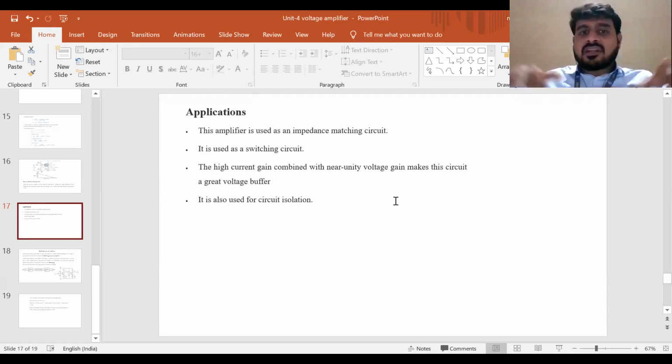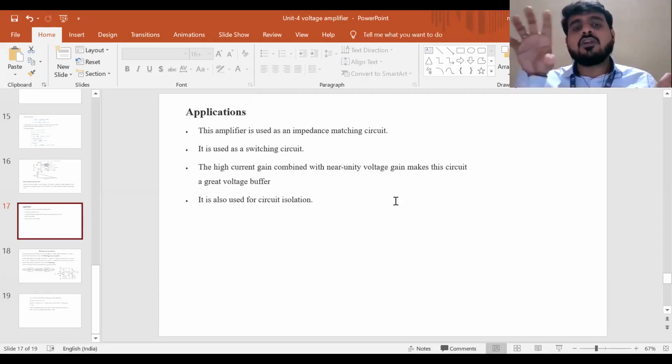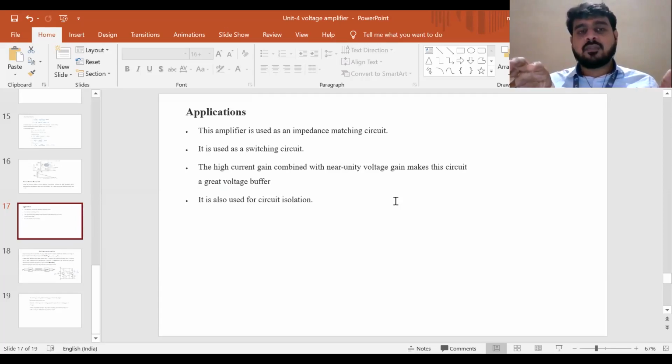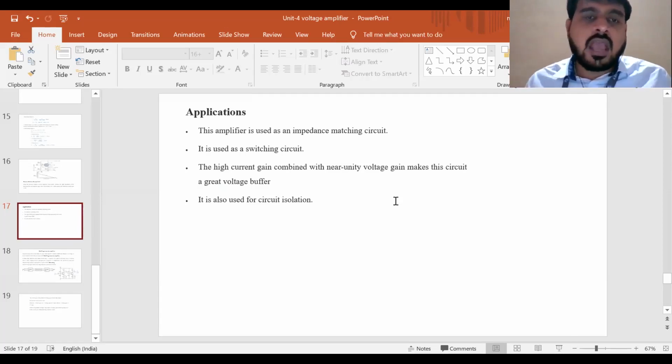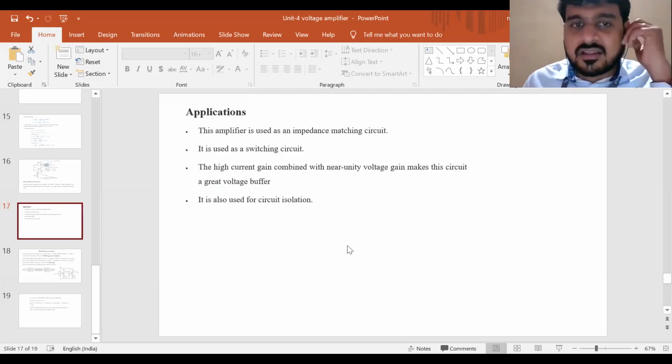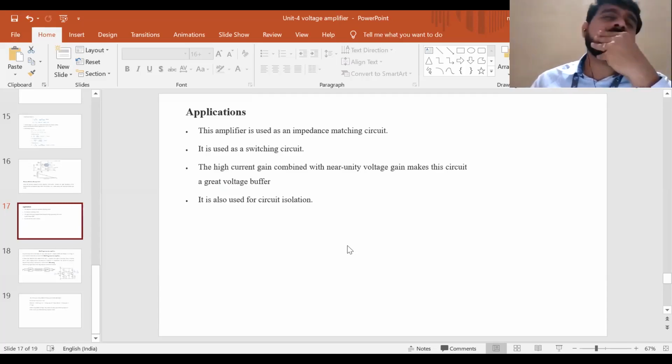If a bunch of circuits are connected, obviously I can't use only the amplifier circuit for big circuits; there will be many circuits connected. So this will be helpful for separating this circuit from the other circuits. That's called the circuit isolation technique.